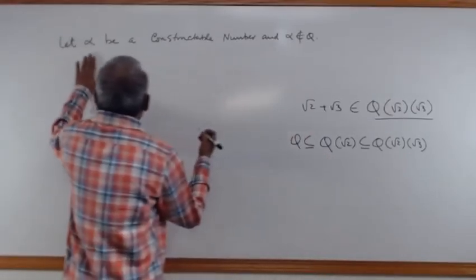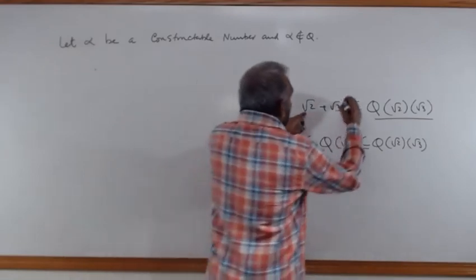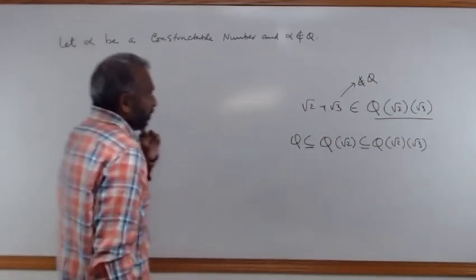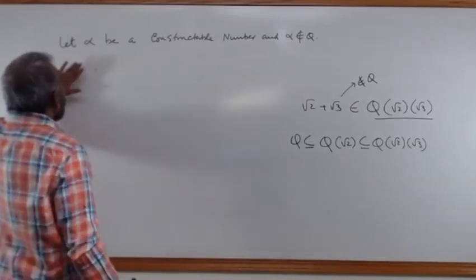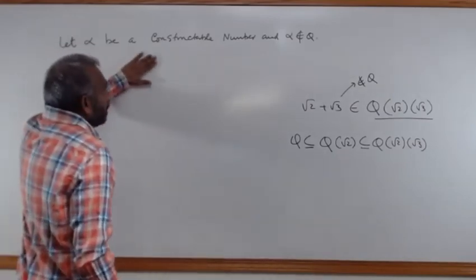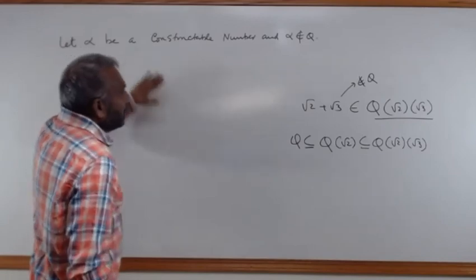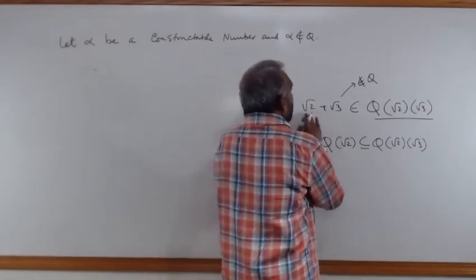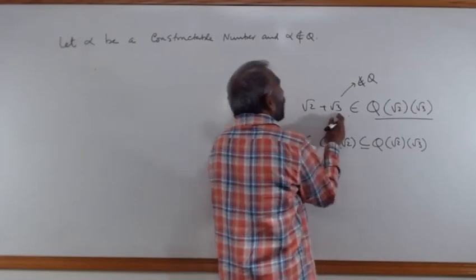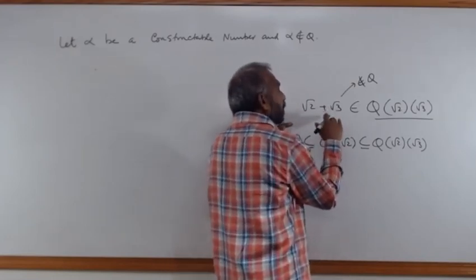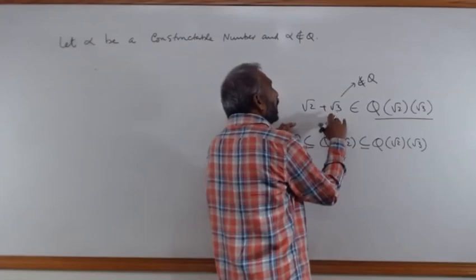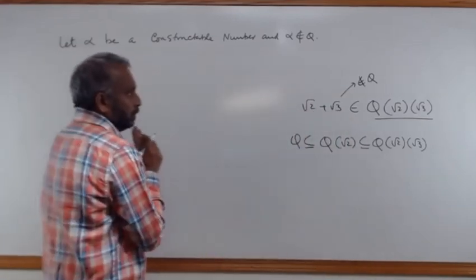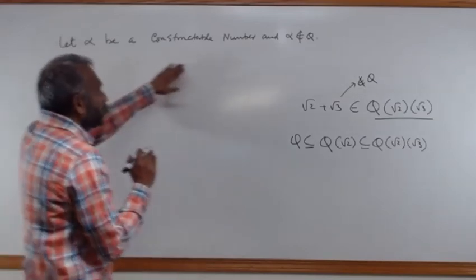So this actually does not belong to Q. Any constructible number will be of this form, not necessarily like this, but it has to be a finite number of field operations of square roots of elements from Q, if it does not belong to Q.